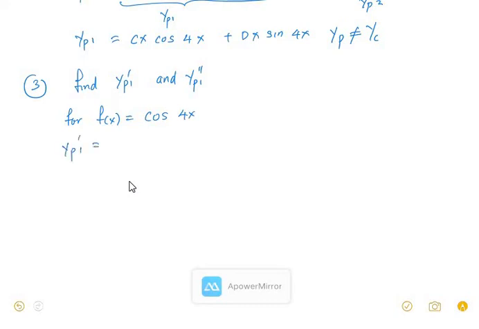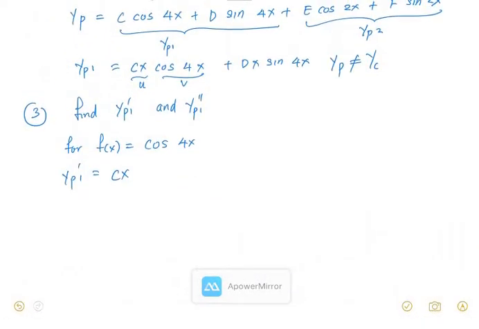YP1 prime equals Cx cos 4x, so you get YP1 prime from YP1. This is assumed as U, this is assumed as V. So U V prime, you get negative 4 sin 4x, times V which is cos 4x, and U prime, you get C.